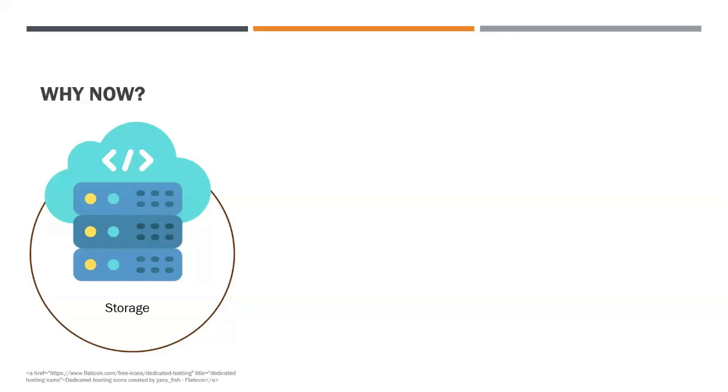So we're now in a position where we're able to eliminate a lot of the original problems associated with the limitations of using neural networks. So recent years has given rise to massively increased storage capability with massively decreased costs as well, and cloud storage capability as well, which has really helped.